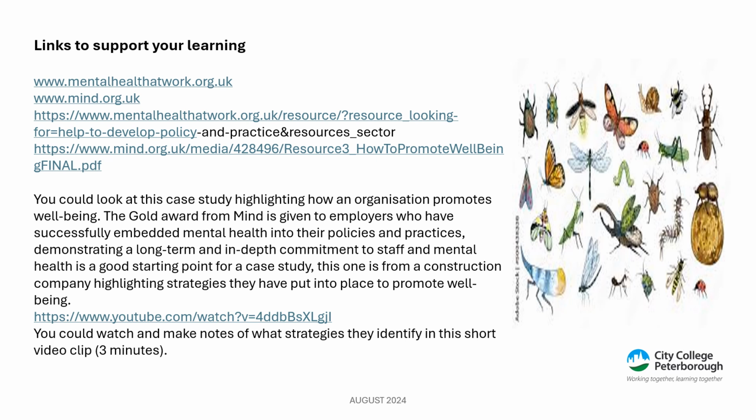The Gold Award from Mind is given to employers who have successfully embedded mental health into their policies and practices, which demonstrates a long-term and in-depth commitment to their staff within mental health. And it's a good starting point for a case study. This one's from a construction company highlighting strategies they put into place to promote that well-being. So as you can see, as I said before, the YouTube link is there for you to watch.